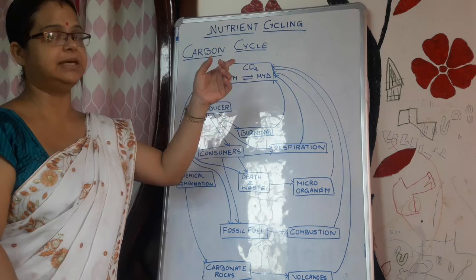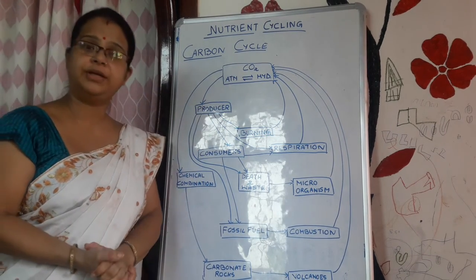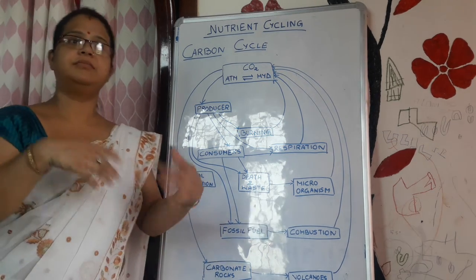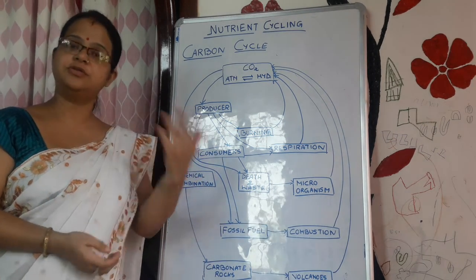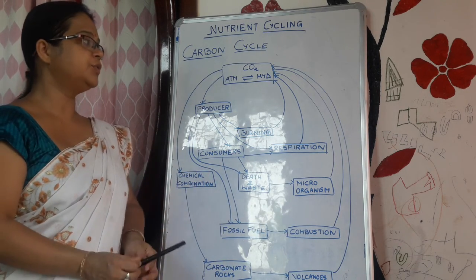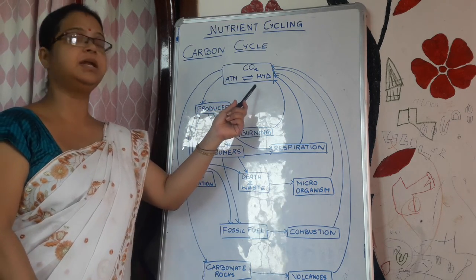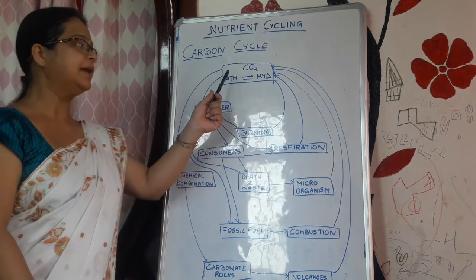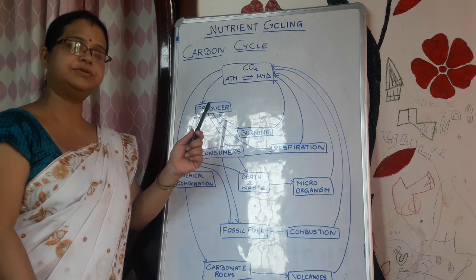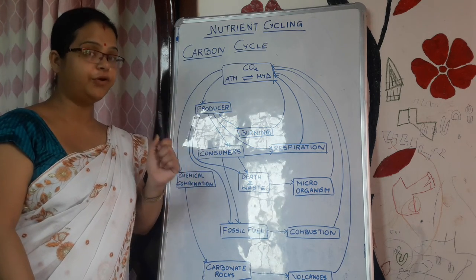One is the carbon cycle. Carbon is an important component of the atmosphere. It is very essential and present almost everywhere. We also deal with carbon dioxide, which is present in the atmosphere and hydrosphere. It is used up by producers, the green plants, which use carbon dioxide during photosynthesis.